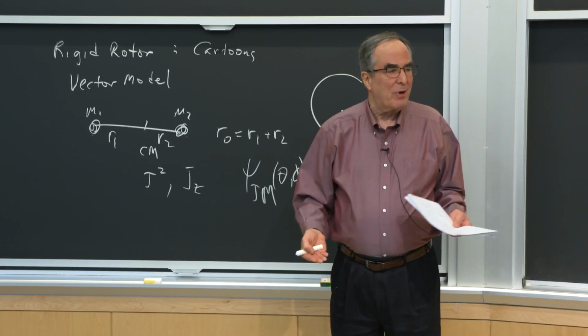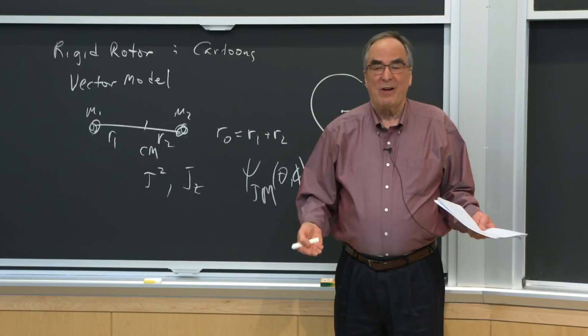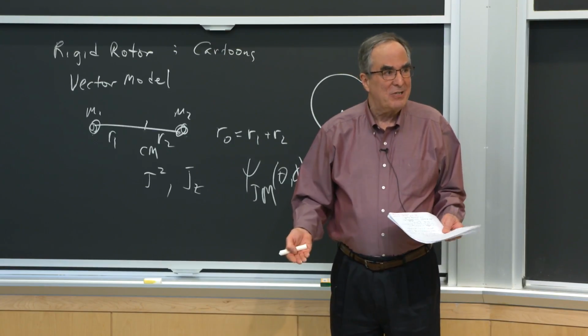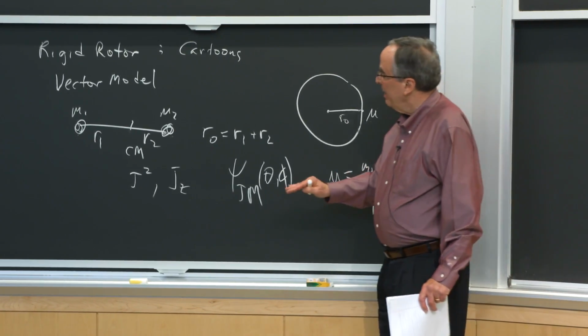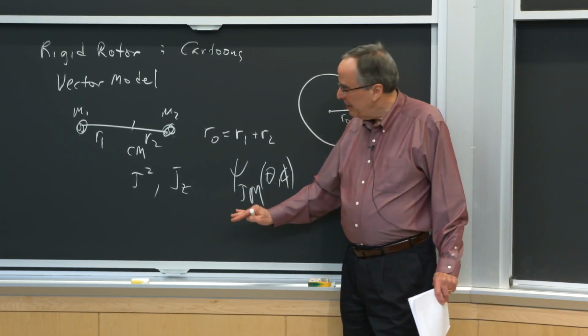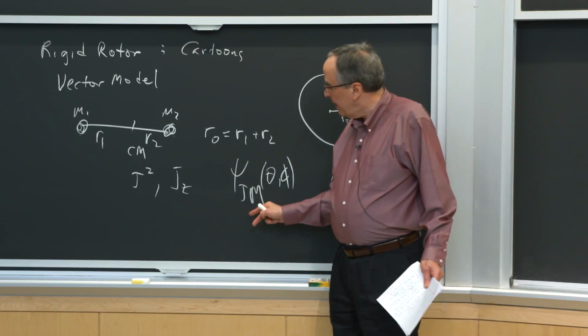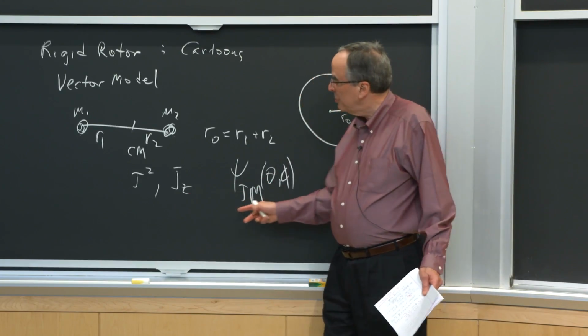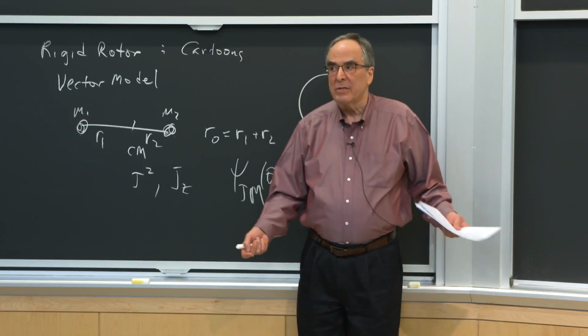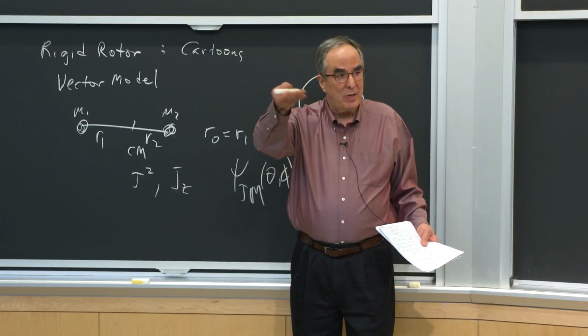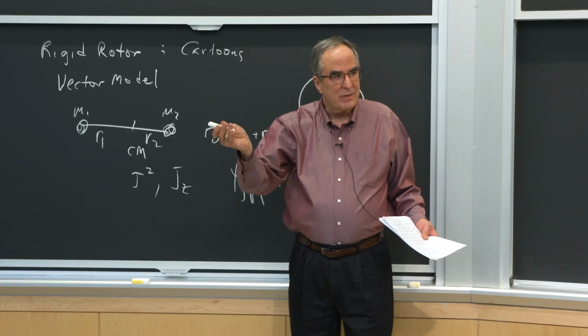I don't like memorize because memorize doesn't involve understanding, but remembering does. We want to be able to, at the drop of a hat, say, yes, if we pick these two quantum numbers, which are related to the eigenvalues of these two operators, we can describe the spatial distribution of the molecular axis.